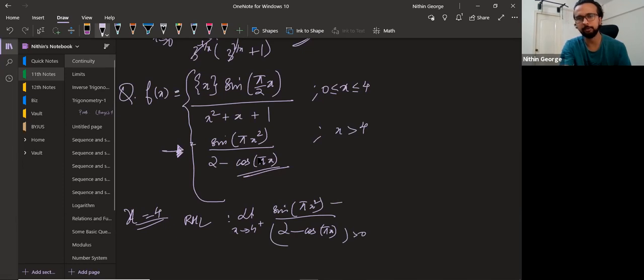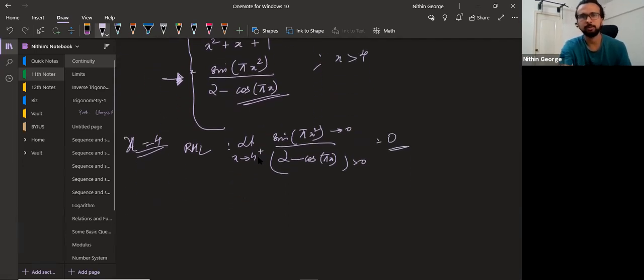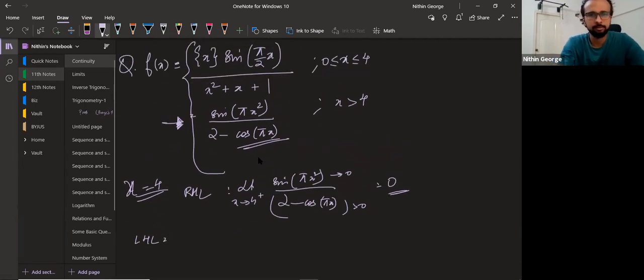The numerator is tending to sine of 4 pi, so you get the RHL equal to 0. Now, what is the value of the LHL? It is sine of the fractional part of x times pi by 2 over x squared plus x plus 1, as x tends to 4 minus.